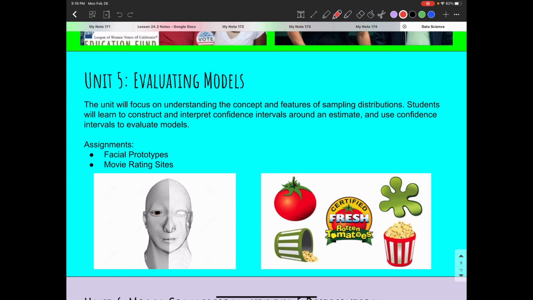And we're going to hypothesize which ratings will cohere most with each other. And then we're going to construct confidence intervals, which we'll learn about in the class if you don't know what they are, of the relationships between the ratings on these sites by simulating sampling distributions in R, printing them out, and creating posters depicting their confidence intervals.